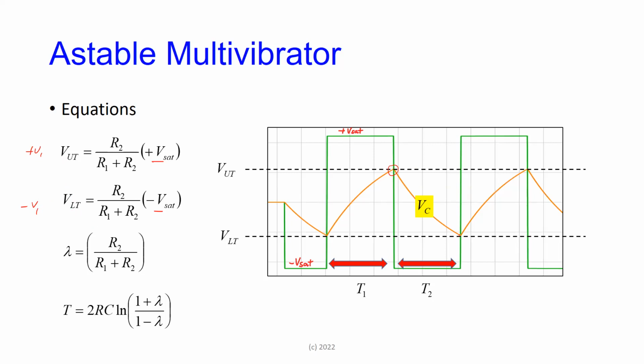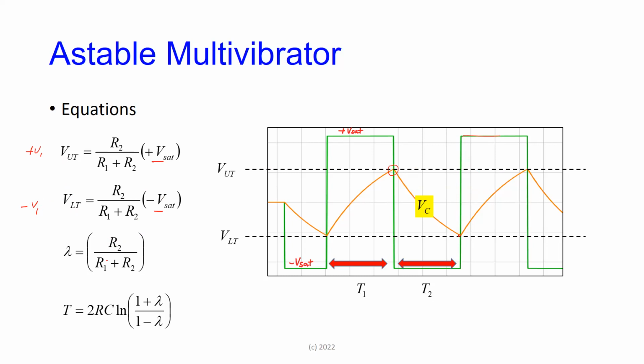The capacitor discharges, and once the non-inverting terminal is more positive than the inverting terminal, the op-amp switches back from minus Vsat to plus Vsat, right?